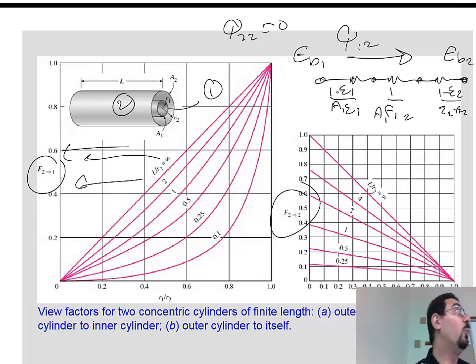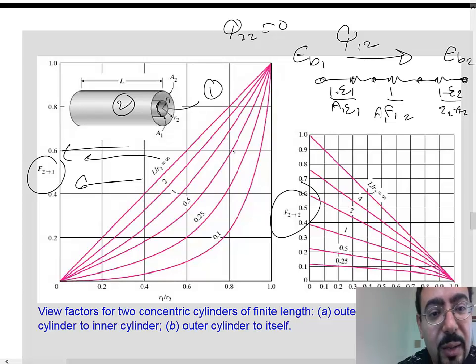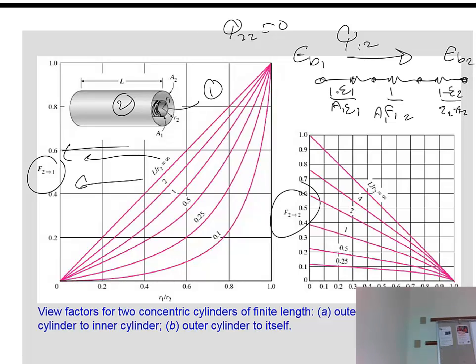Again, I'm talking about the outer surface of 1, this guy, and when it comes to 2, I'm talking about the inner surface of 2. So this part of the inner surface of 2 can see this part, but 1 here cannot see itself.